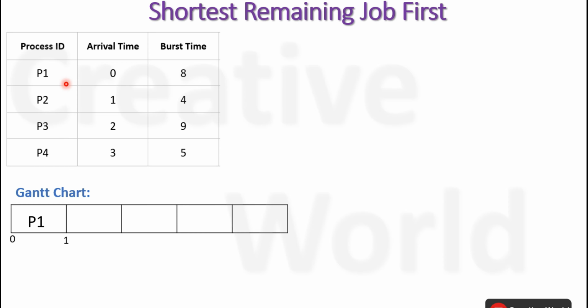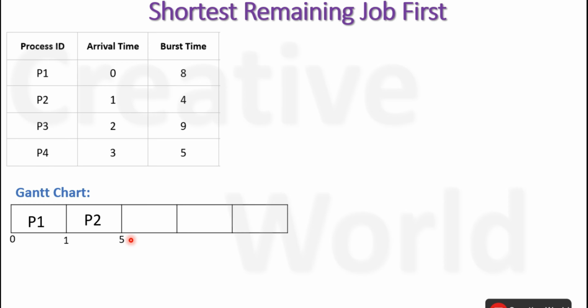After that at time 1 another process arrived whose burst time is 4. Now out of these two processes the shortest job is P2. So rather than executing P1 completely, the CPU will shift to process P2. So P2 will be executed for 4 times. Its completion time will be 5.